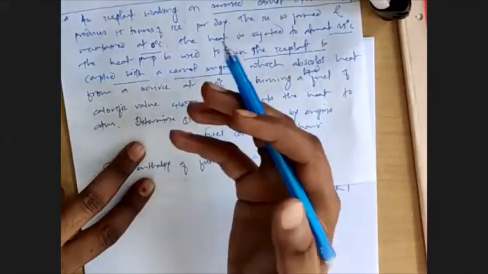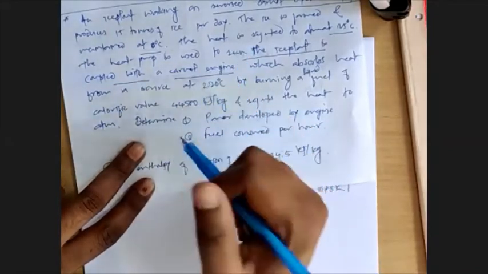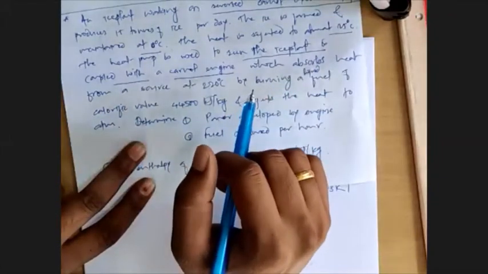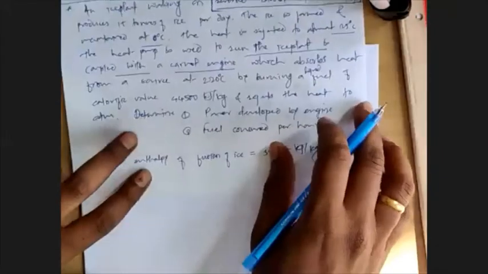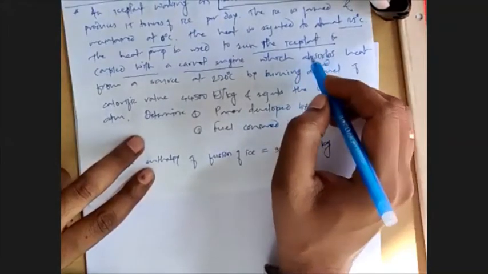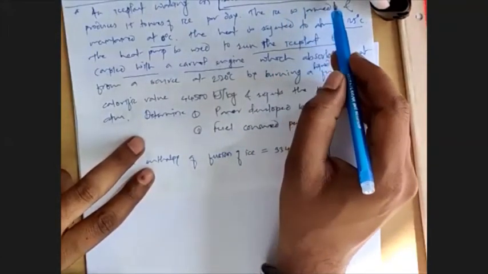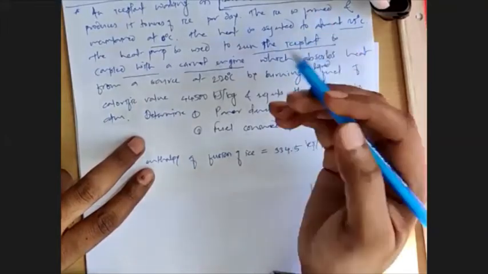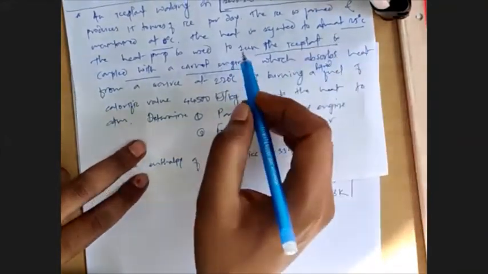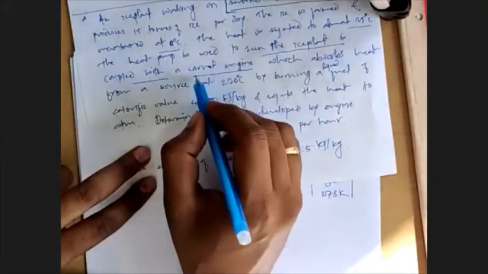We know that a heat pump is a work consuming device, and for its working we need to provide certain external work. So the next step is, as I said, this is a heat pump, so it needs to be coupled with some external source of energy for its working, and that energy source is now a Carnot engine.